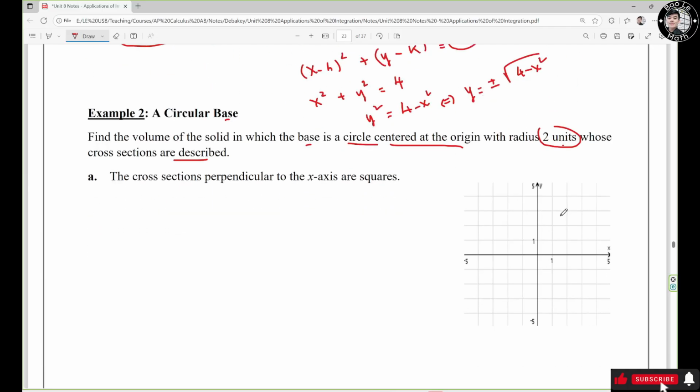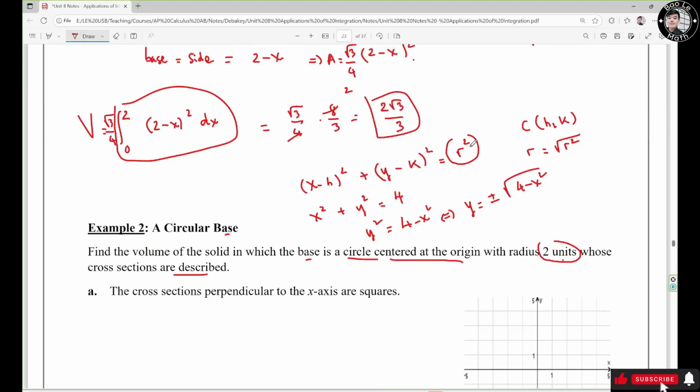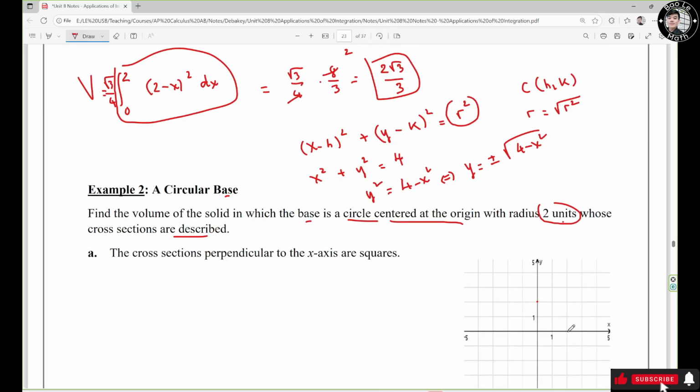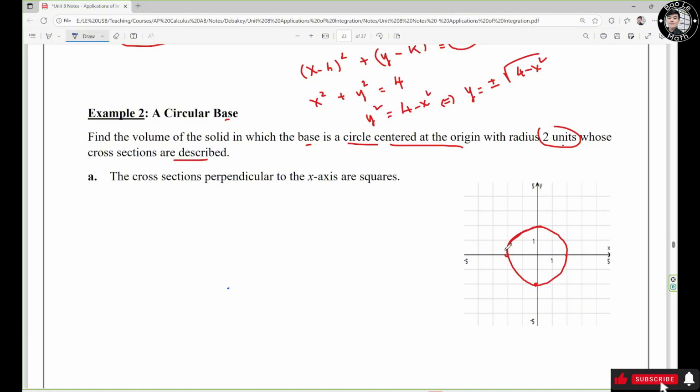Now I need to sketch the circle, right? The radius is 2, so 2 right here. Alright, so you have the circle something like this. Now the upper semicircle is the one above the axis, so it could be right here. So the equation of this one should be y equals square root of 4 minus s squared, right?